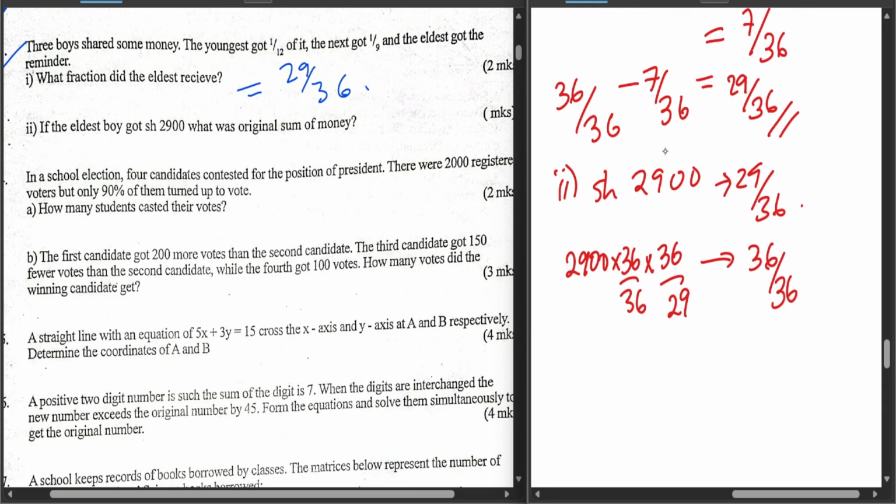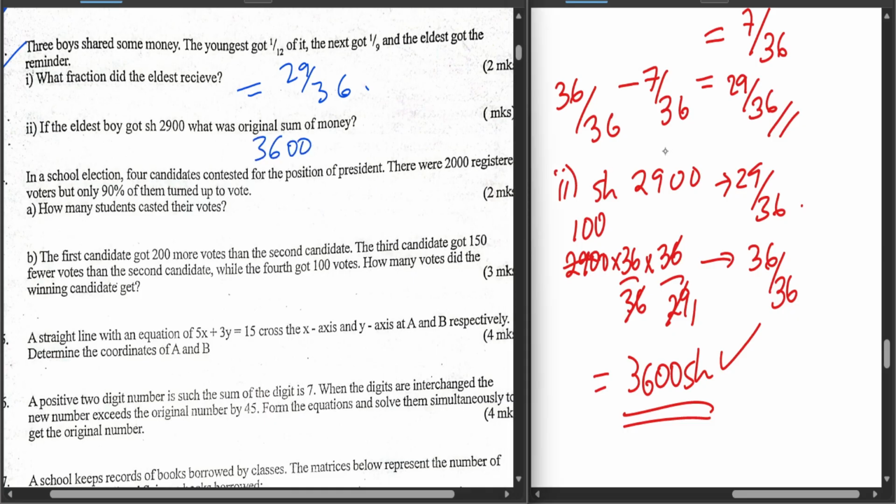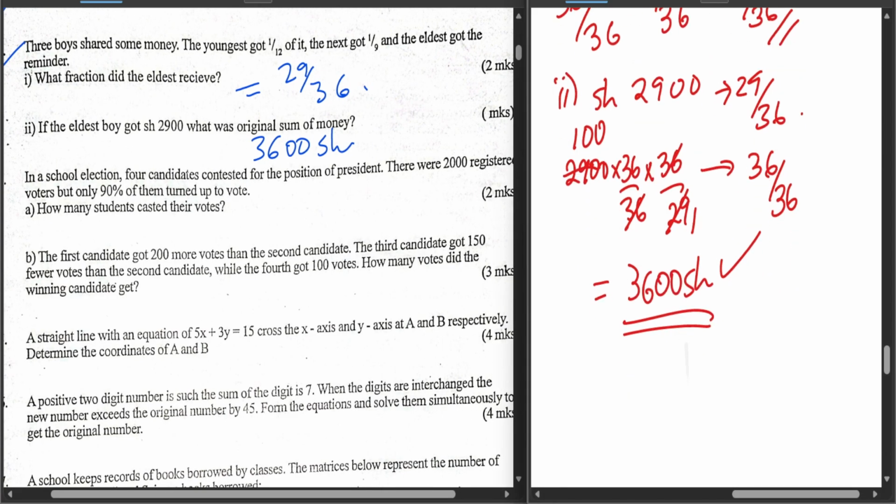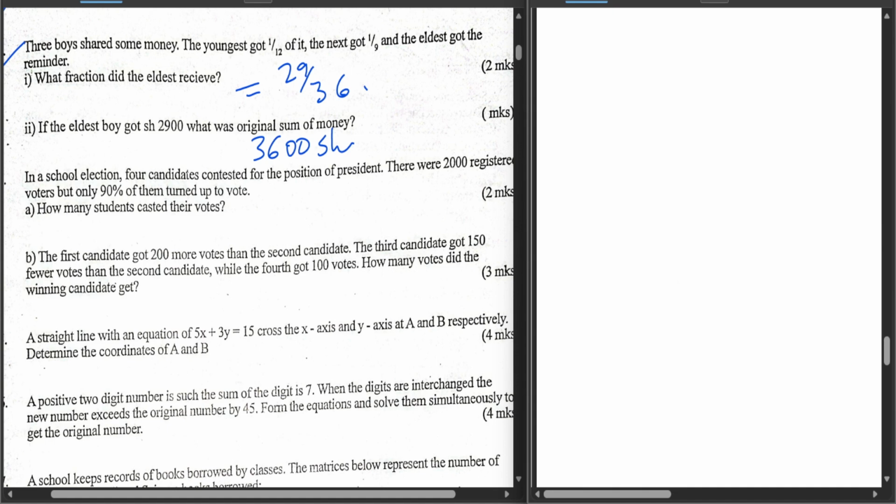Okay, so this cancelled out, this cancelled out. 29 goes in 2,900 100 times. 36 times 100 is 3,600 shillings. So that is the answer. Okay, so let's try it here.